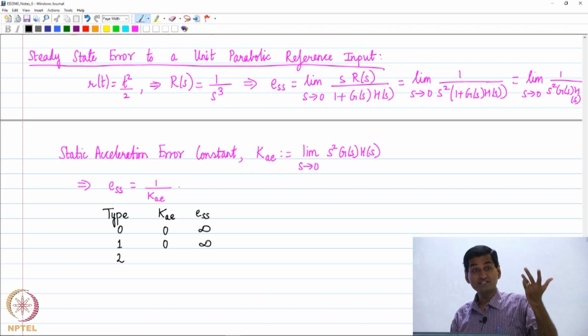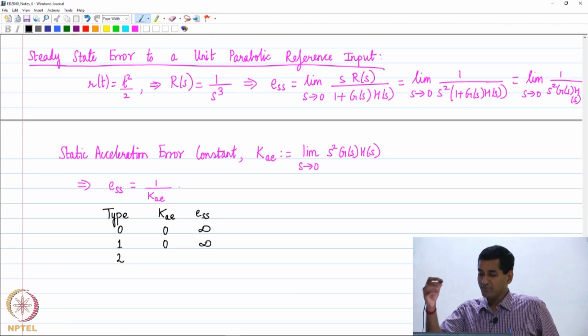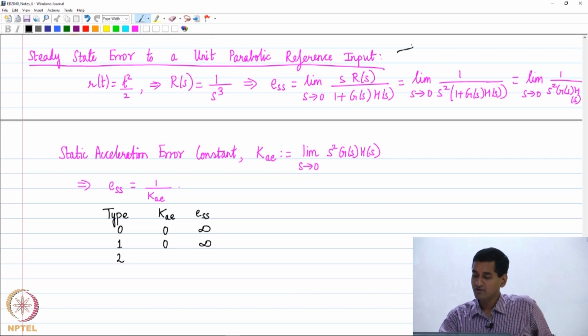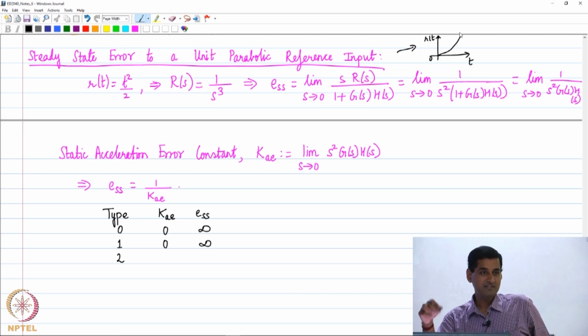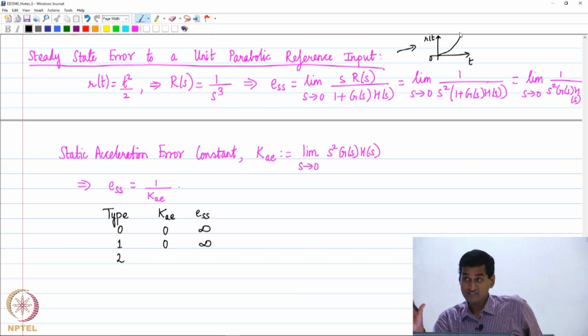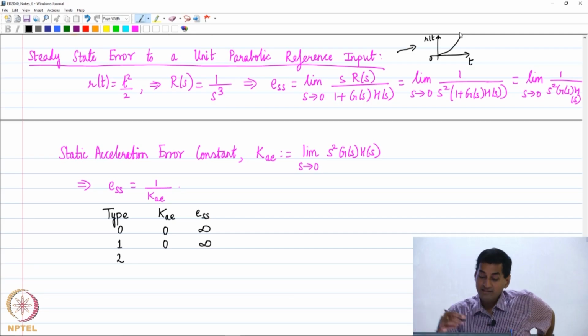If you want to see what a parabolic reference input looks like, if you plot r of t versus t, t squared by 2 is going to increase something like this. So that's a parabolic input. Once again it's an unbounded input, please remember that. But if you want to track that input, I need at least type 2 or higher.